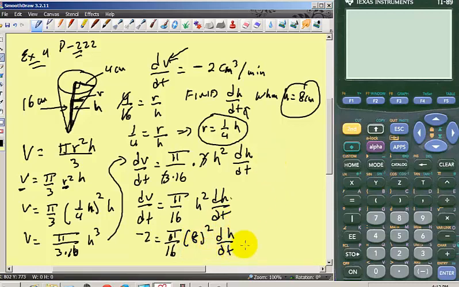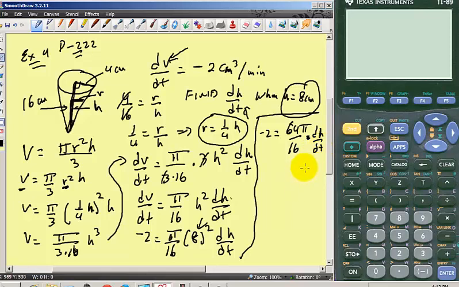Let's clean this up a little bit more. So I have -2 is equal to, 8 squared is 64, so 64 pi over 16 times dh/dt.